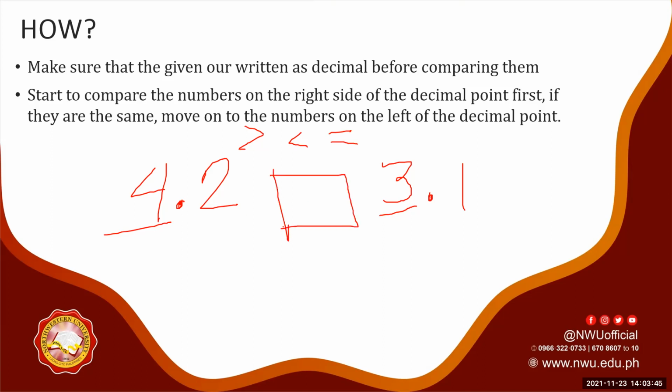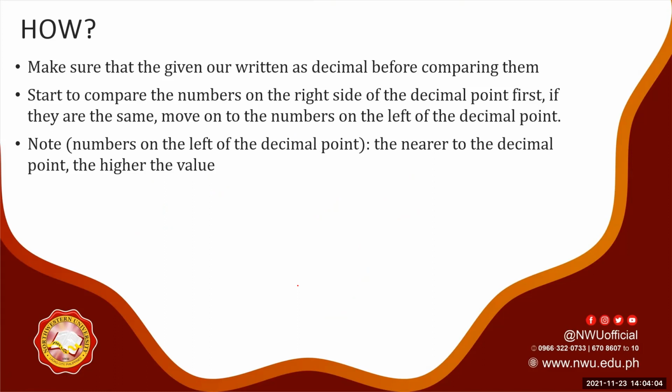That is why our operator should be like this. Kasi 4.2 is greater than 3.1. Pero kapag magkapareho sila ng whole number, then that's the time that you can now start considering the decimal values.